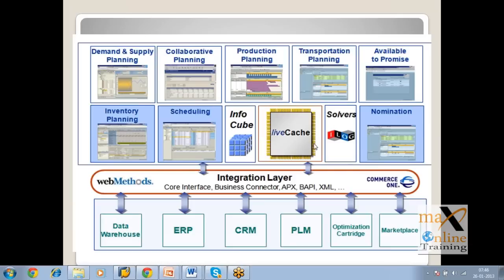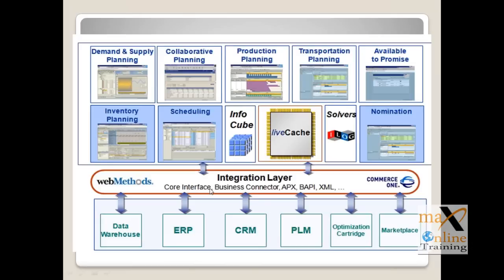This is also an SAP integrated service with APO, and we can integrate any system with APO: data warehousing, ERP, CRM or PLM, any system can be integrated with the APO servers. The integration part, the core interface, will also be covered in this training.